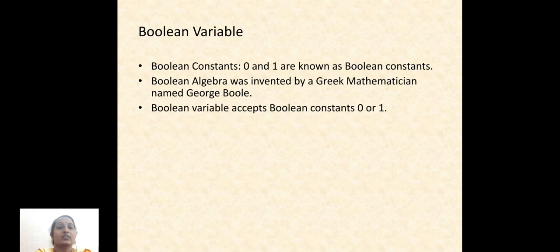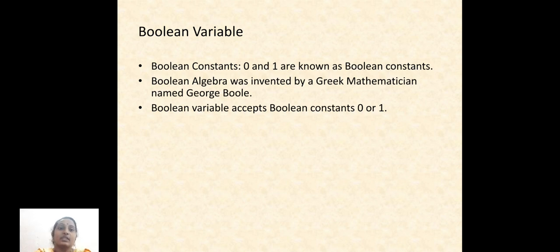Already I told you, how many binary bits are there in our digital electronics? Only 0 and 1. So these 0 and 1 are considered as Boolean constants. Why are these variables called Boolean variables?